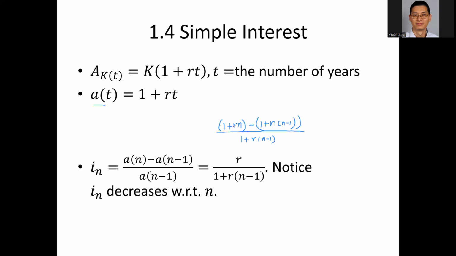In the numerator, you cancel out and you get R. So you have R over this quantity. A very important feature is that I sub n decreases with respect to n. From a bank's point of view, the interest rate is decreasing along the time, so you don't want that. That's why simple interest usually is used for a short period of time, for the simplicity.